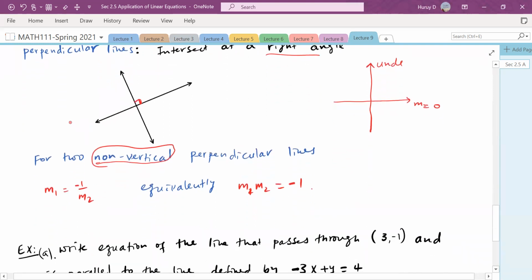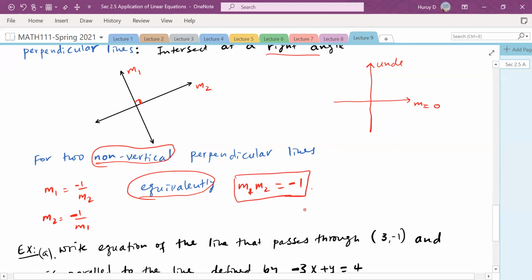Therefore, if they are not vertical, and if we know they are perpendicular, then the relationship between their slopes, let's call this one M1 and this M2, is M1 equals -1 over M2, or M2 equals -1 over M1. Equivalently, we can write this relationship, because if you multiply both sides by M2 and simplify, you get M1 times M2 equals -1.